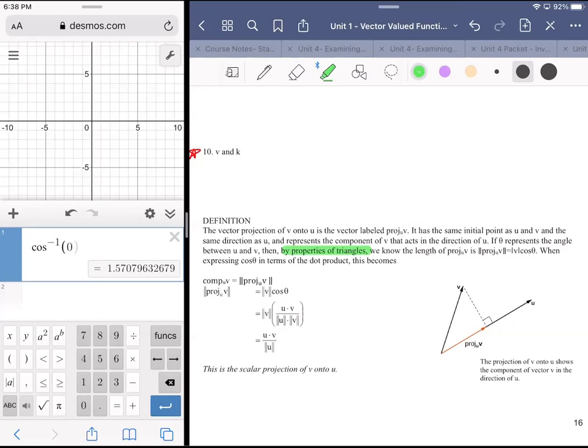The current has a vector associated with it, and the boat has a vector associated with it. The current is impacting the magnitude and the direction of the boat. So what a projection or a component is doing is just giving us the measure of the contribution of one vector towards or against another vector.